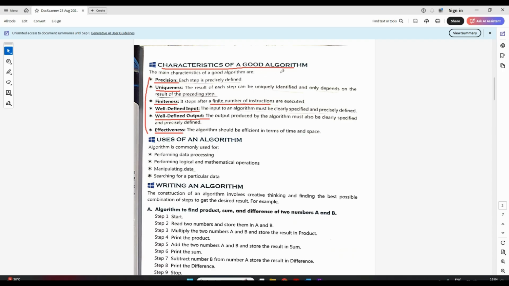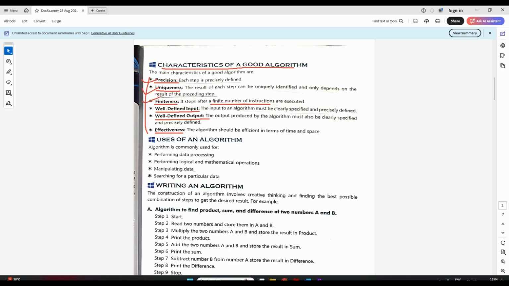So what are the different characteristics of a good algorithm? We have precision, meaning each step should be precisely defined, like 10 grams of sugar or 10 grams of flour, whatever. Uniqueness, the result of each step can be uniquely identified. Each step should give me a unique result, right? And that depends on your preceding step.